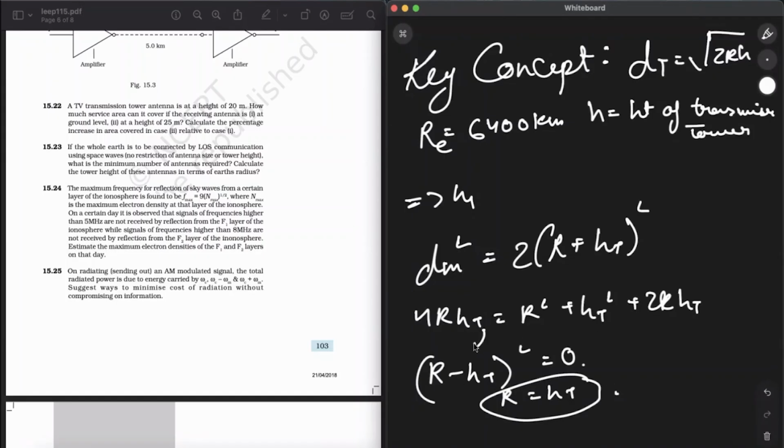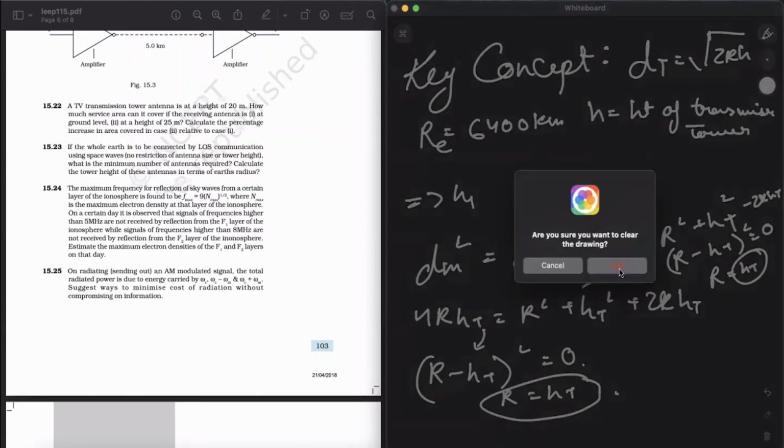How did we come from here to here? It will be R square plus ht square minus 2Rht. Then we can write it as (R minus ht) whole square, which is equal to 0. So R will be equal to ht. That means the height of the transmitting tower will be equal to the radius of the earth.